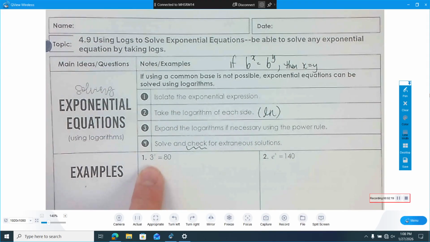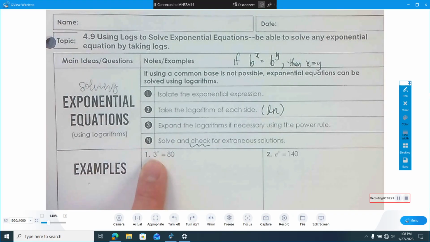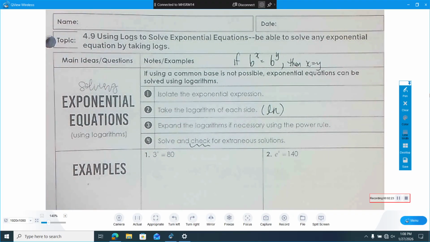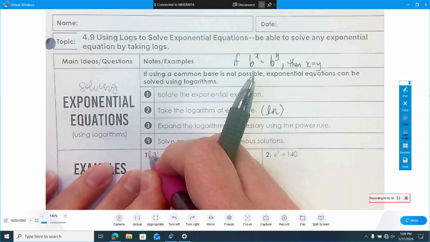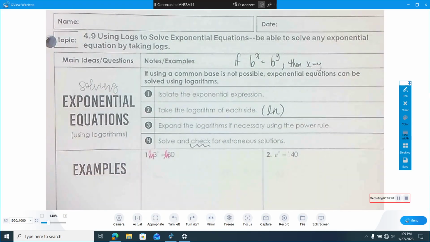So here I have a very simple exponential equation. And the problem is that x is way high. So we have to do something to drop it back down to earth, okay? And so to do that, we can take a natural log of both sides of our equation.